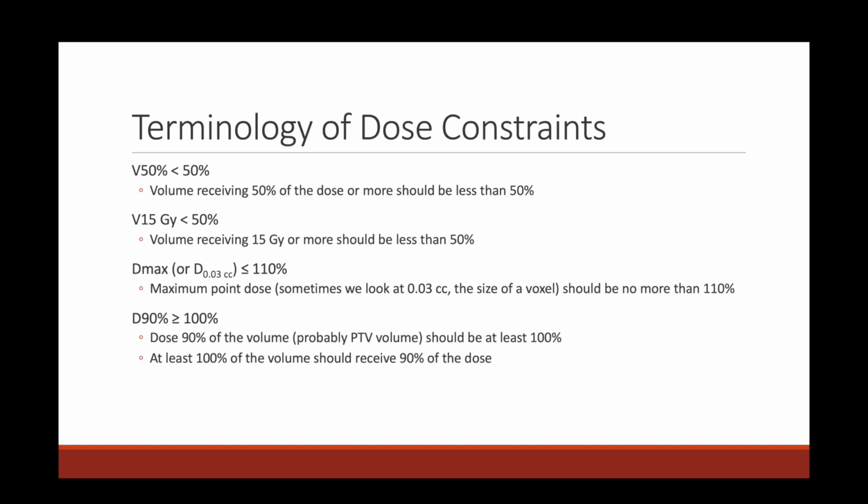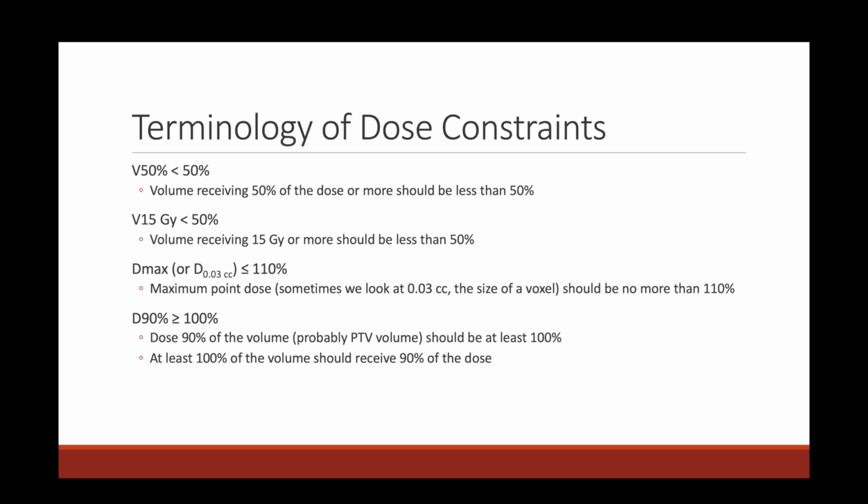So one thing that you might often see is something that we say is a V 50% or a V 20% or a V 90%. Whenever you see V 50%, the number on the other side of that less than or greater than sign is going to be a volume. So V 50% means the volume receiving 50% of the dose should be whatever's on the other side of that sign.